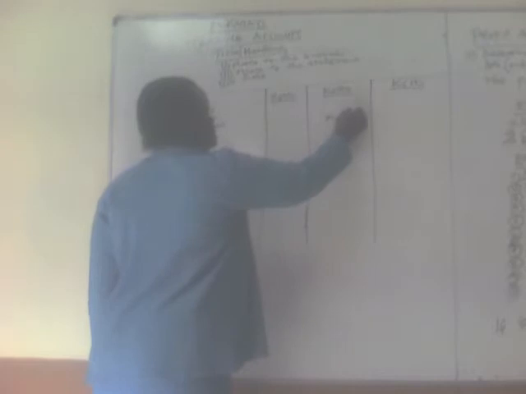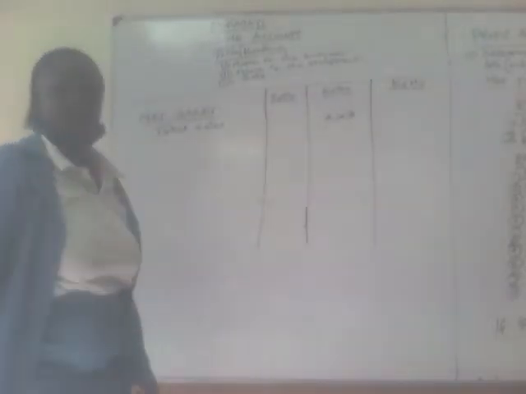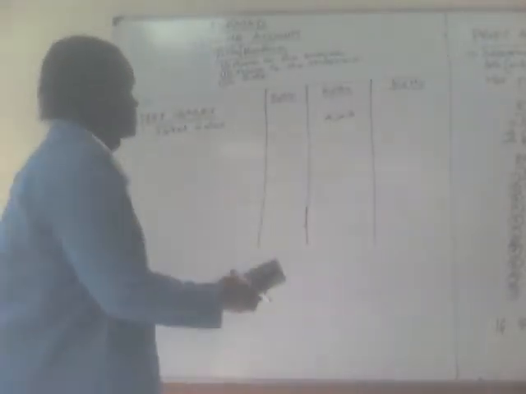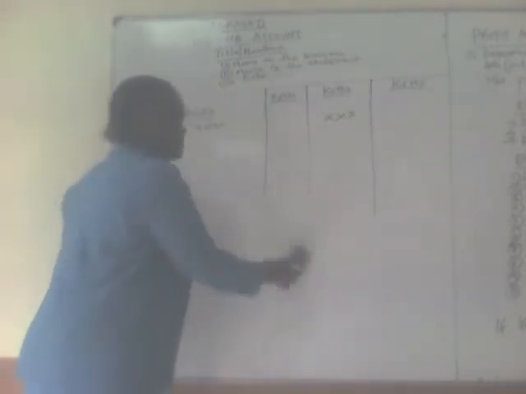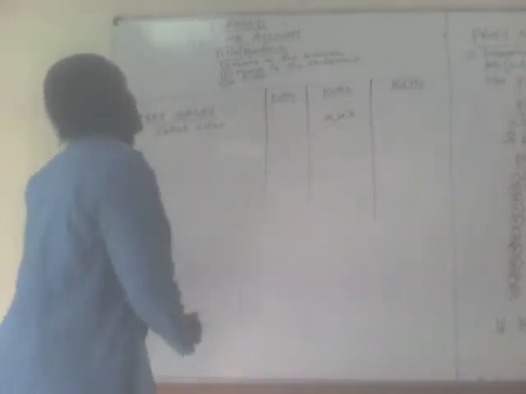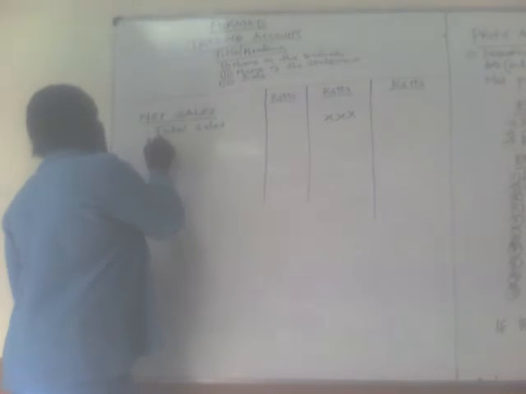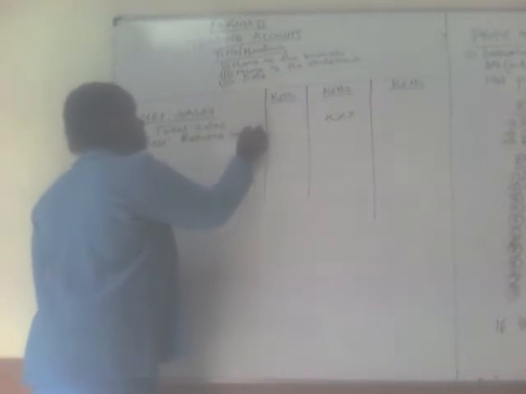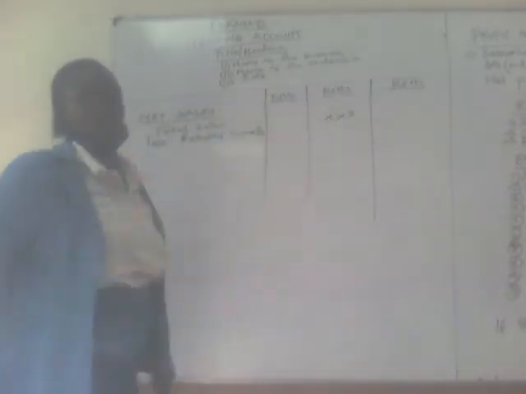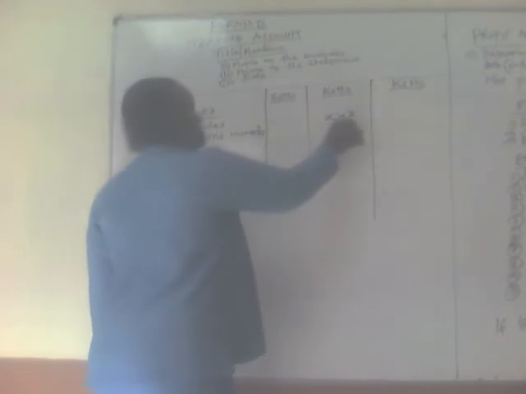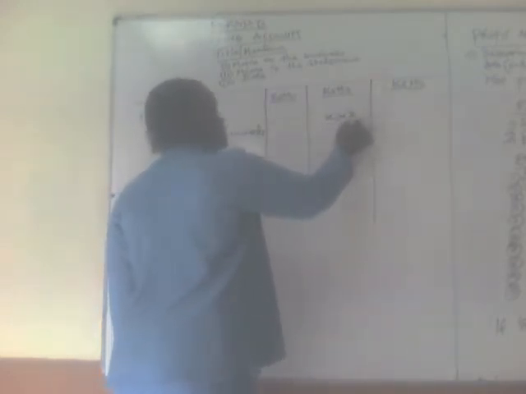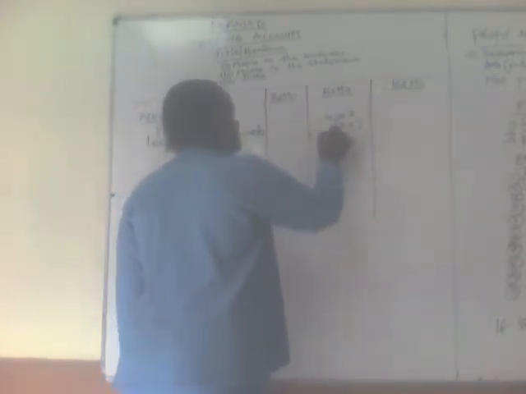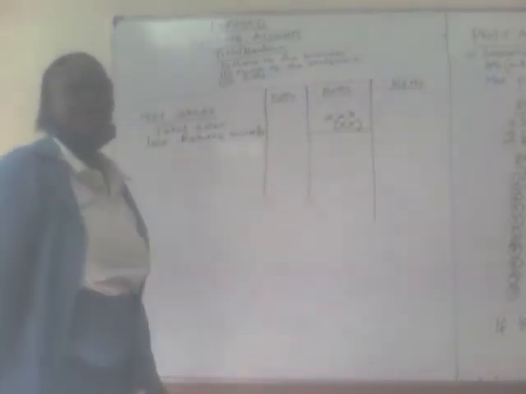Let us use Xs. I'm going to give you an example so that we do it together. Then you raise returns inwards. You can check the formula which I gave you. When you are deducting, you use brackets to mean you are now deducting.